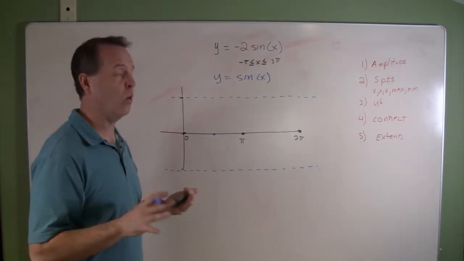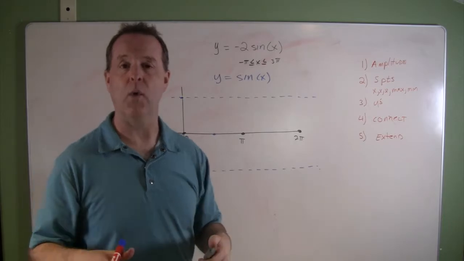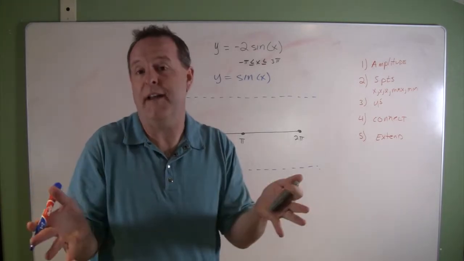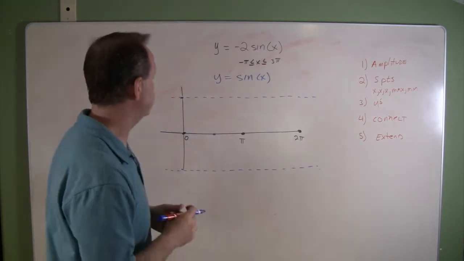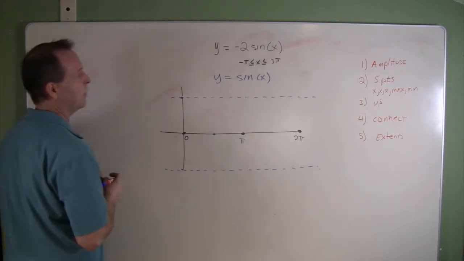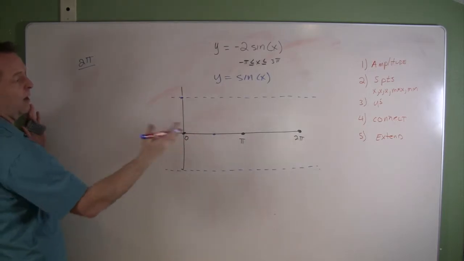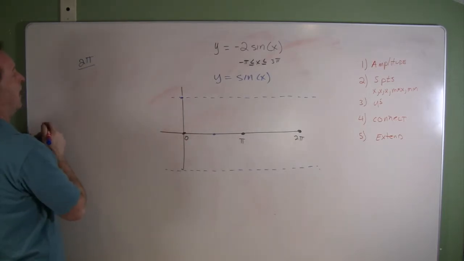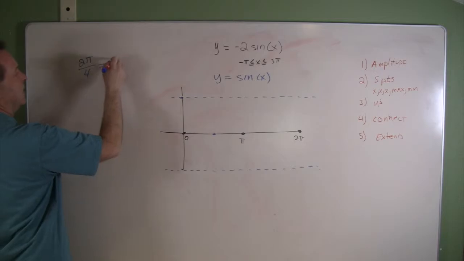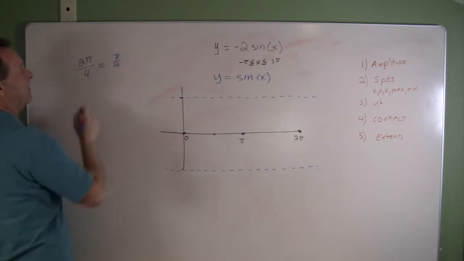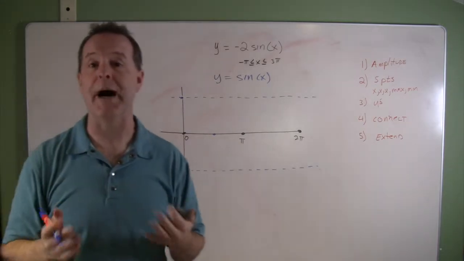The other key points I want to find out are how to divide the graph up into the 4 key sections. The 4 key sections are defined by taking its total period, within one particular period, in this case, it's 2 pi, and dividing it into 4 sections. I get that something cool is happening every pi halves.